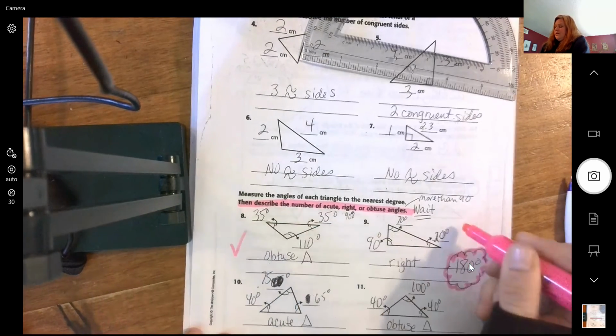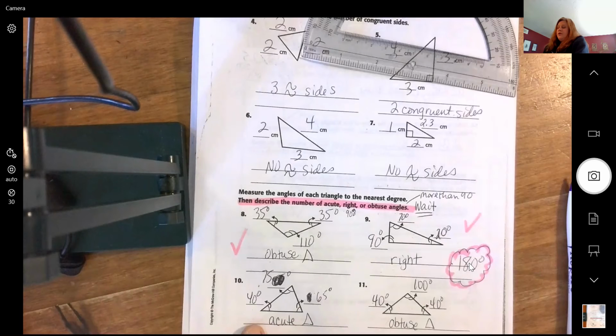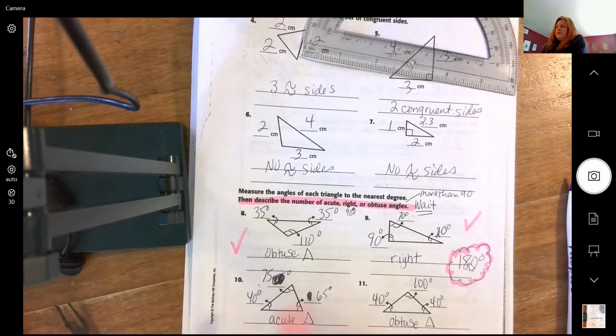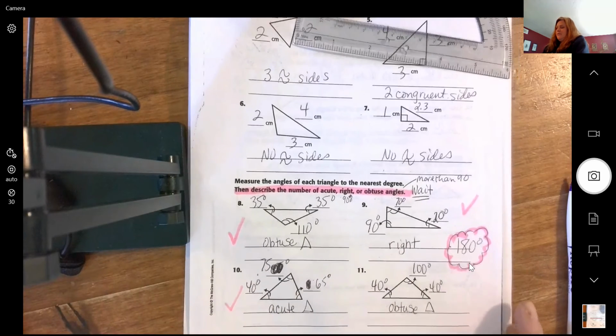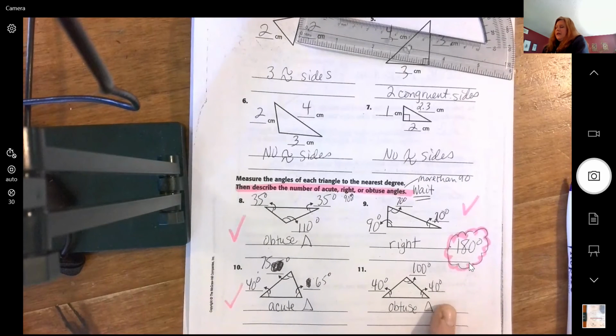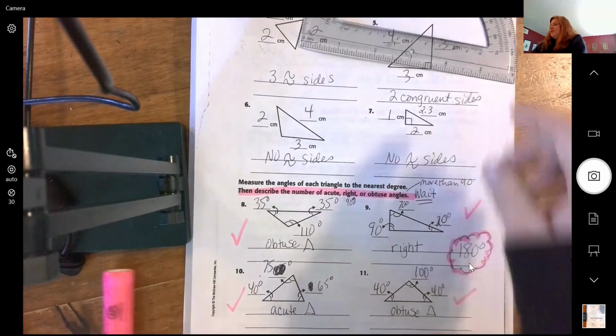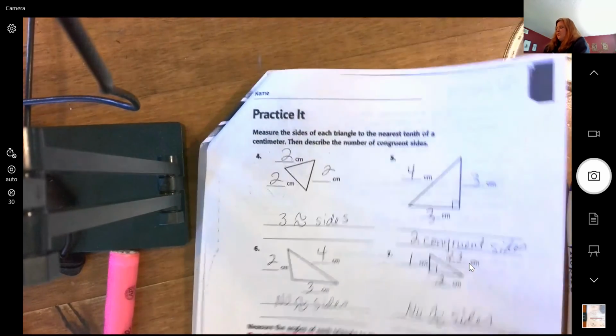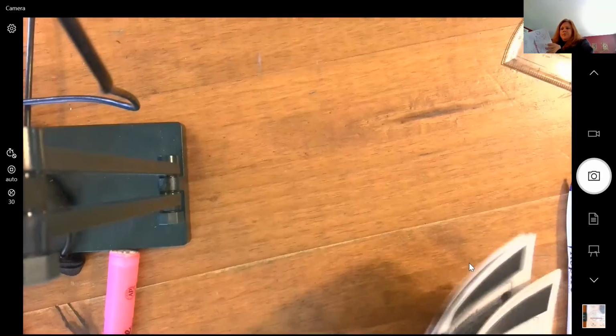So we're good. 60 and 40 is 100, plus 5 is 105, plus 5 is 110, plus 70 is 180. 40 and 40 is 80, and 100 is 180. So it's a really good way to be able to check your work really quickly.